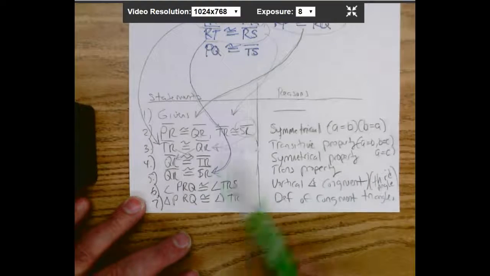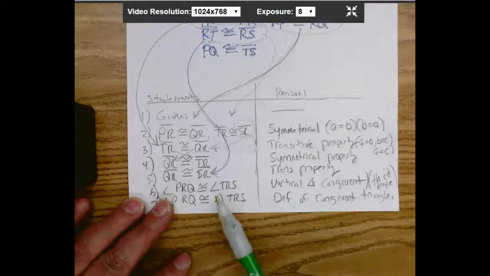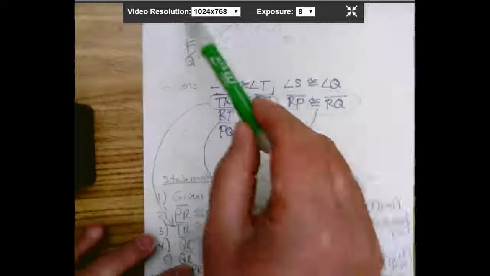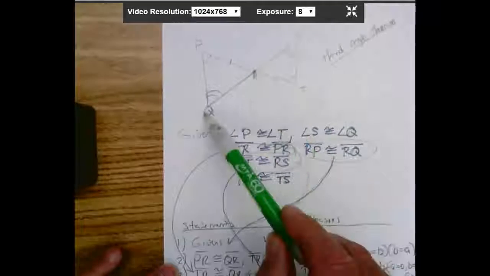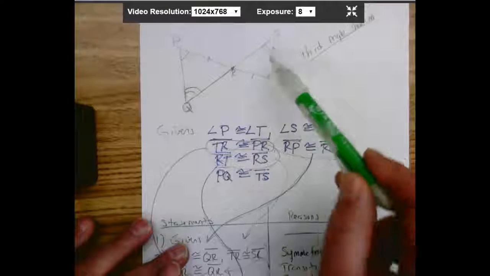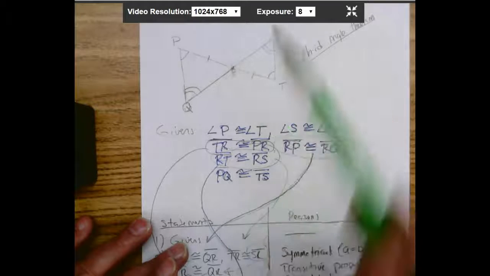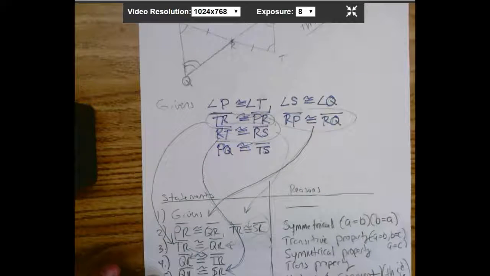We can then say because all this is true, the angle PRQ is congruent with the angle TRS. So if we look at that, this angle right here, PRQ, and then this angle, it's congruent with angle TRS right there, and we can say they're congruent based on all these things we looked up here, because these sides are equal, as we see here.